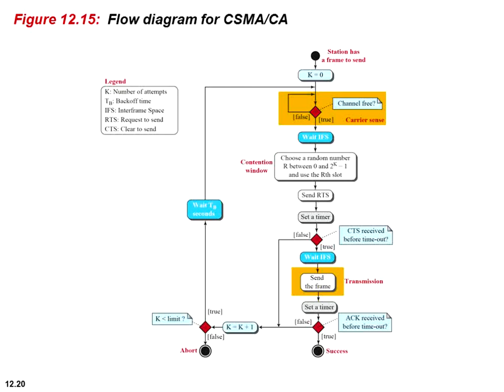So first, collisions are avoided by deferring transmission even if the channel is found idle. When an idle channel is found, the station does not send immediately. It waits for a period of time called the interframe space or IFS.